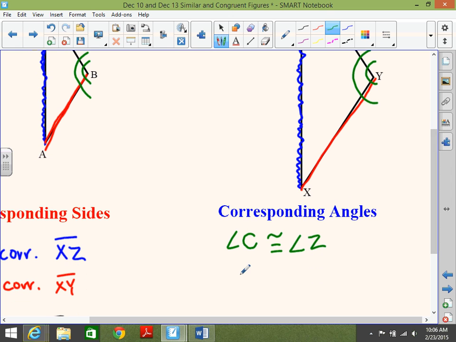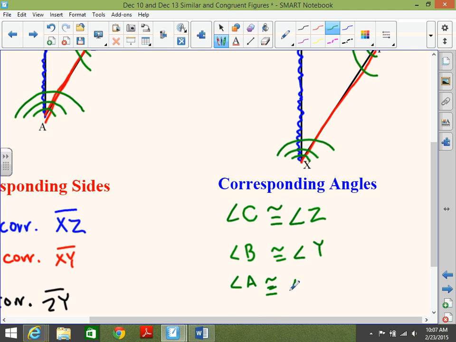So angle B is congruent to angle Y. All right, next, angle A. We're going to draw three smiles for angle A and angle X. So angle A is congruent to angle X.